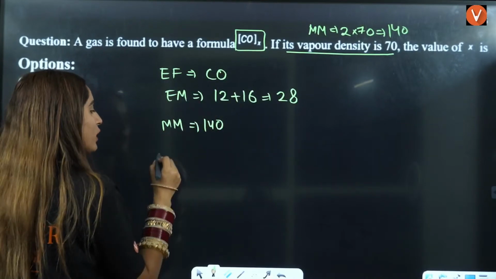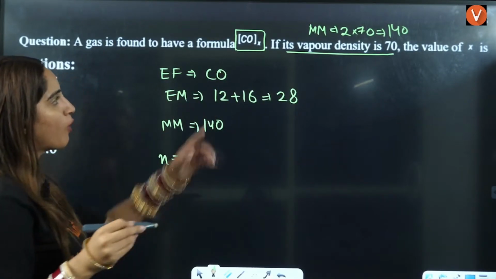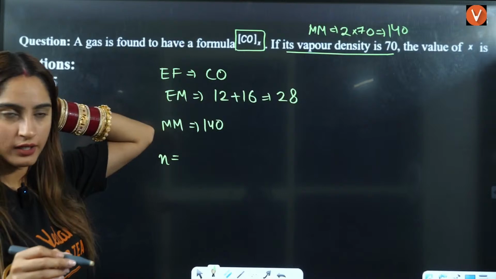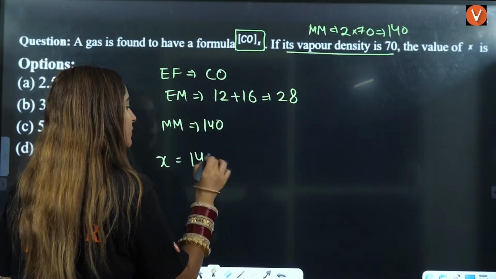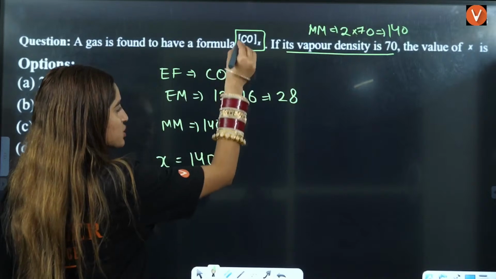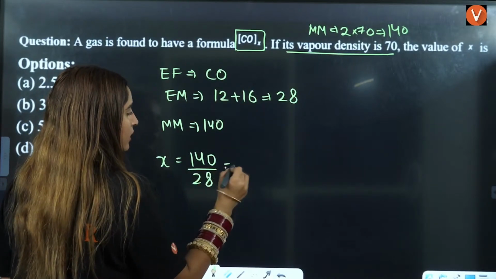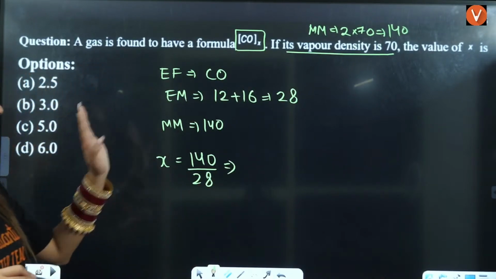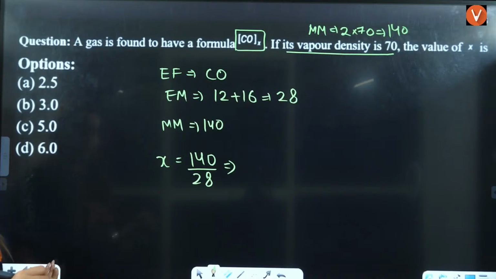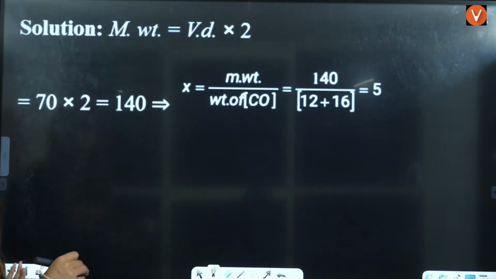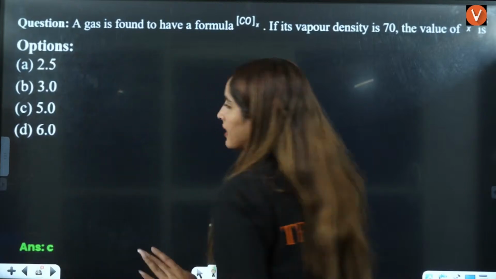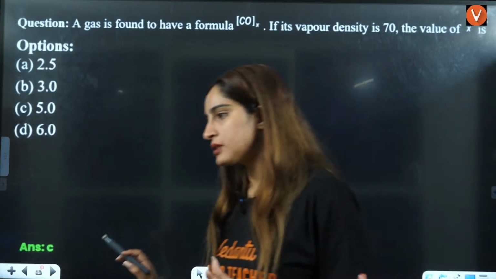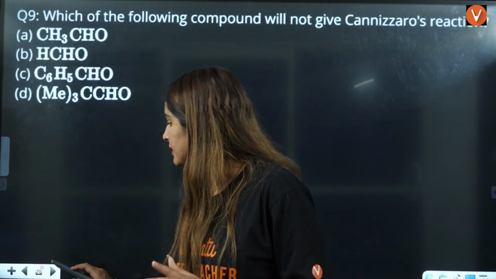So this X value, that is n, how many of this you need here, is equal to molar mass divided by the mass of the CO, that is 28. That will give you the value of X, so I think that will be 5. So C is the correct answer. Is that clear to everybody?